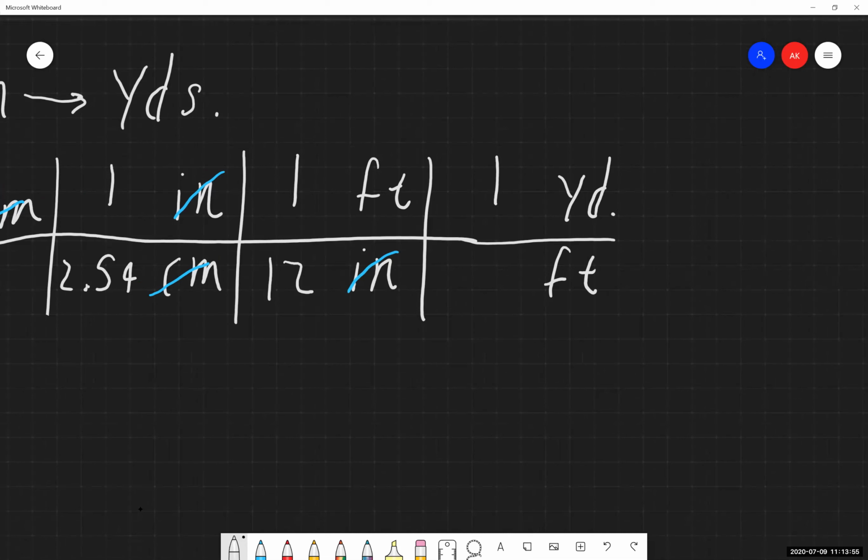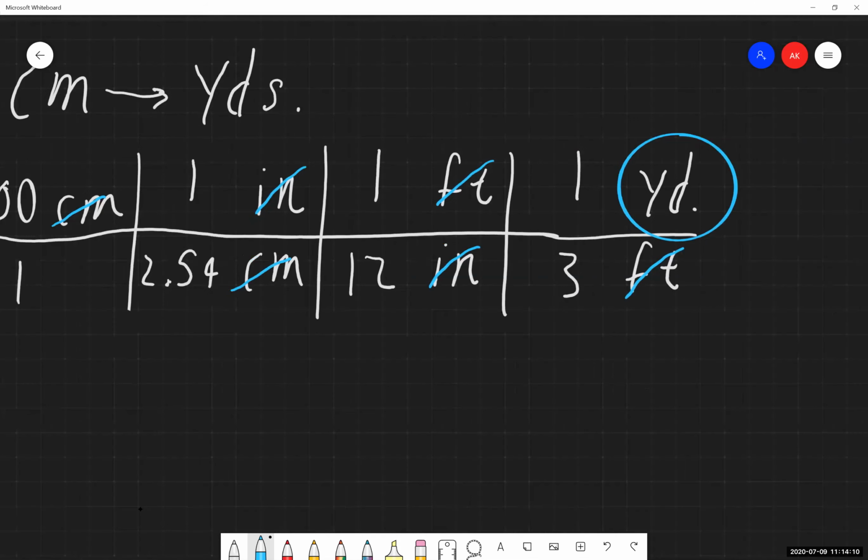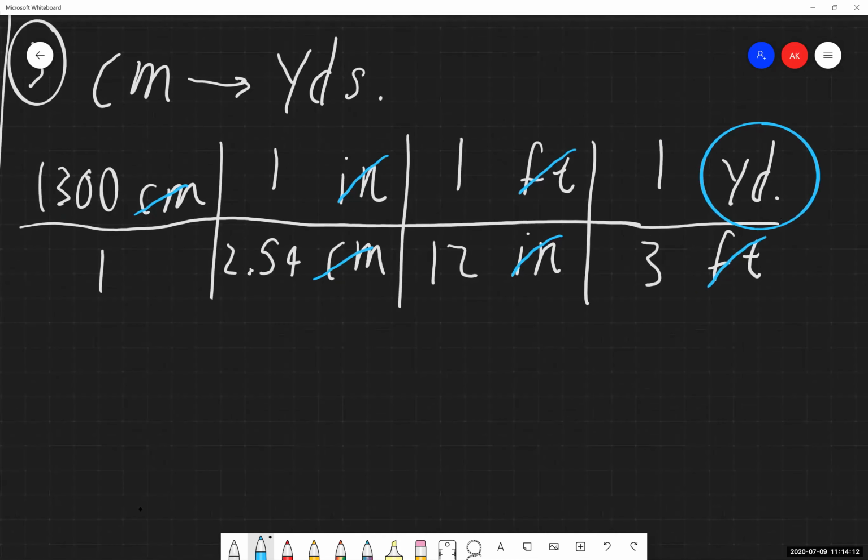And the numbers, 1 yard is equal to 3 feet. So feet cancel. I'm in yards. That's what I wanted to end up with. Great. Now I have everything written out for myself. I have all the units figured out. And now I can just let the calculator do a bunch of the number crunching for me.